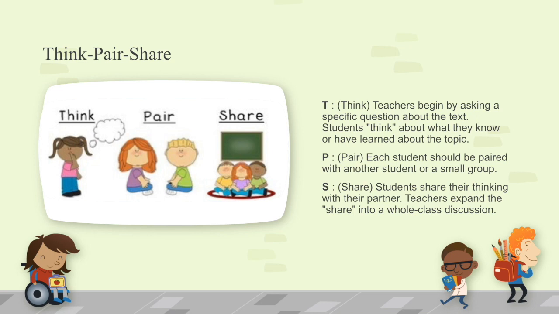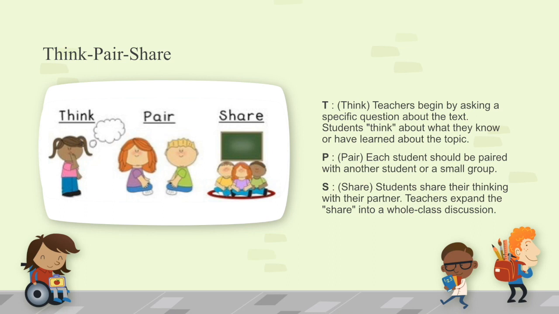The teacher decides upon the text to be read and develops a set of questions or prompts that target key content concepts. The teacher then describes the purpose of the strategy and provides guidelines for discussions. As with all strategy instruction, teachers should model the procedure to ensure that students understand how to use the strategy. To begin, the students will think about what they know or have learned about the topic after the teacher has said a specific question.